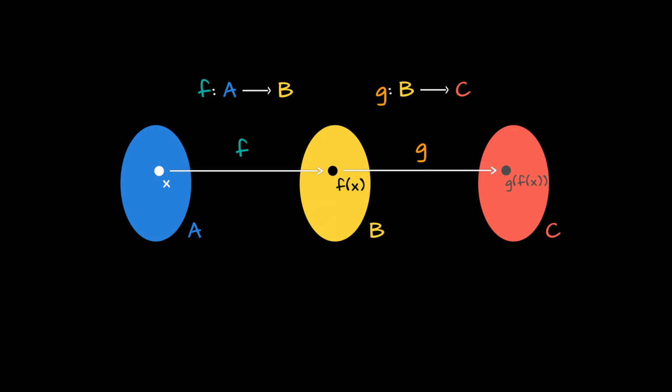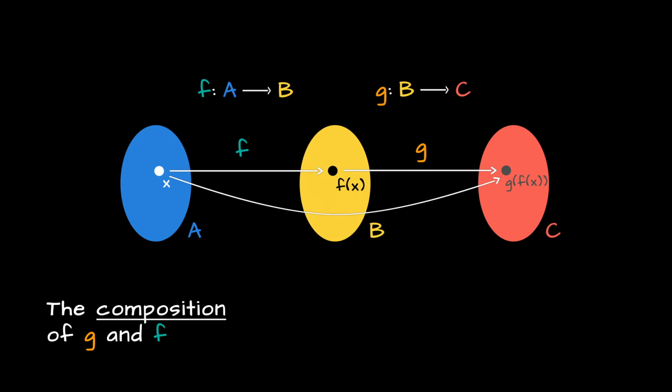We can compute, in other words, g of f of x, thus obtaining an element inside the set C. What this allows us to do, if you think about it, is define a new function from the set A all the way to the set C, simply by applying the functions f and g one after another.